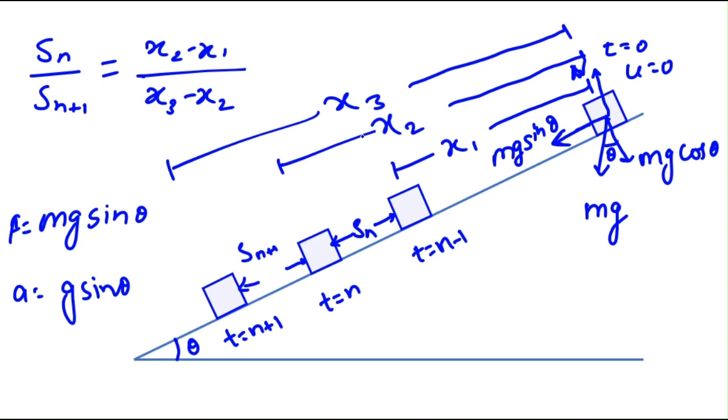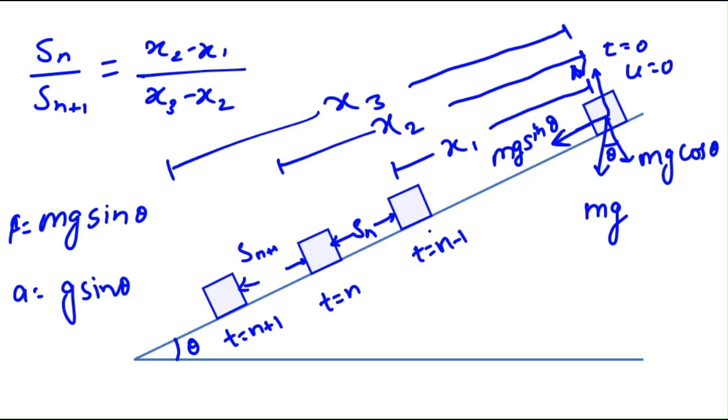And now we have to find out this x1, x2, and x3, and then we have to put the values. So what is happening here? As time is n minus 1 for this distance x1, x1 will be half g sine theta n minus 1 square.